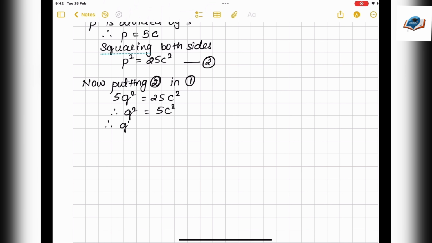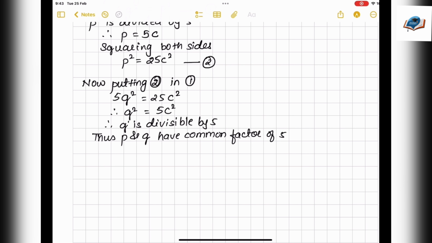Therefore Q is divisible by 5. Thus P and Q have a common factor of 5. But it contradicts the fact. Therefore root 5 is irrational.